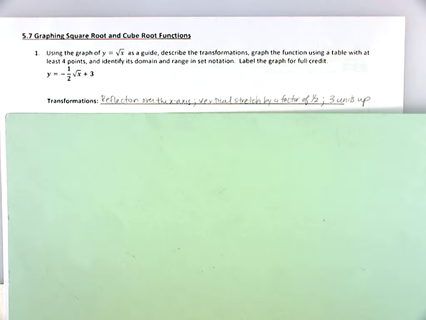Yeah, because what's the cube root of negative 8? 2. Close. Negative 2, because negative 2 times negative 2 times negative 2 is negative 8. So if it's odd, it's okay. And then what's your domain for every single odd root? All real numbers. Yeah, so the domain for odd roots is going to be all real numbers.